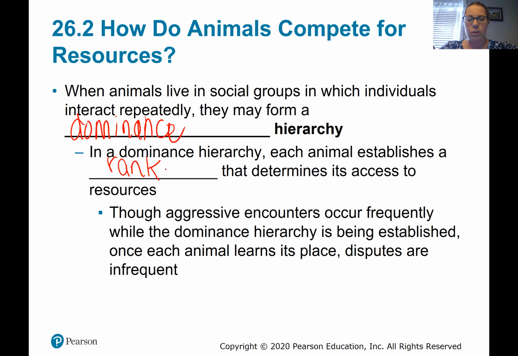Once you have the hierarchy figured out, each animal learns its place, and there's not a fight to the death or until an injury at every feeding time.